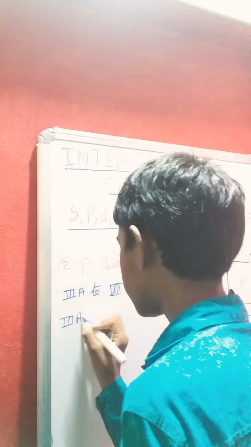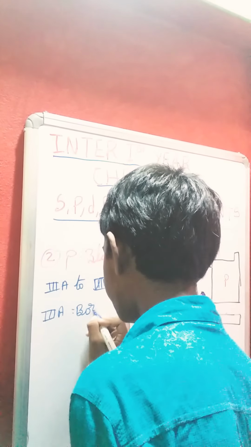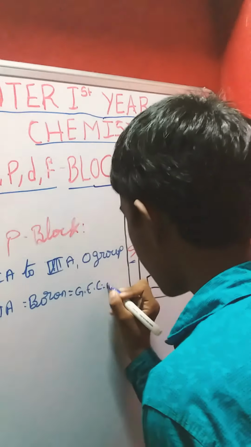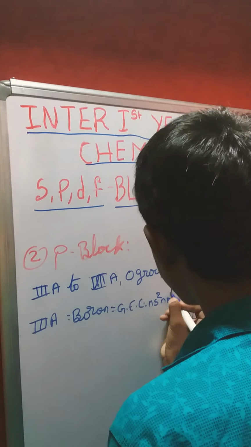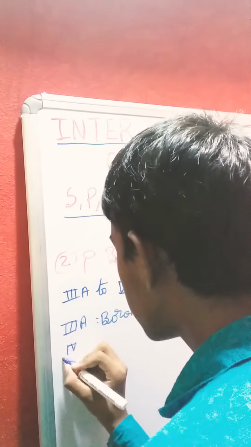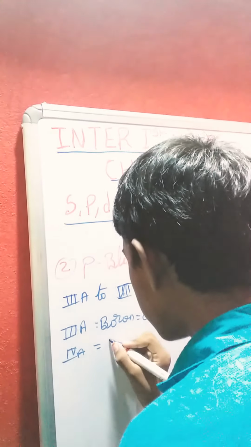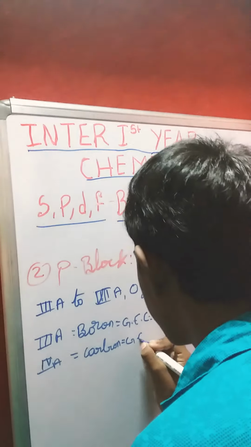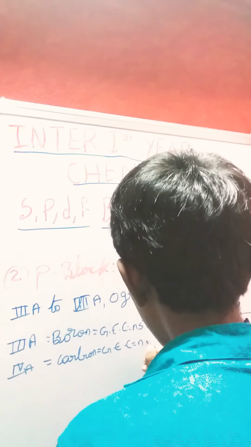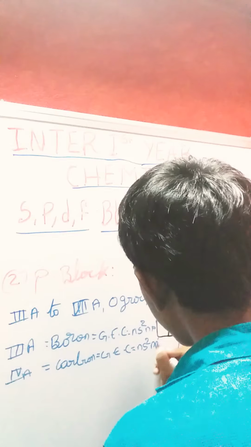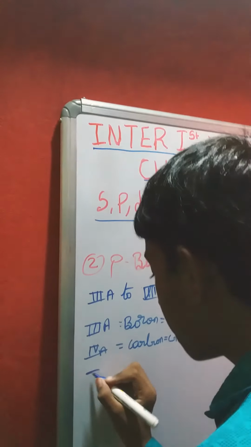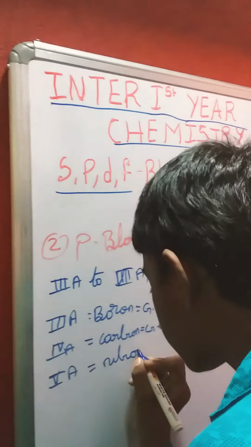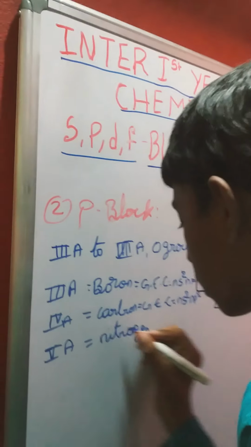3A group, boron family. General electronic configuration of the outer shell is ns2 np1. 4A group, carbon family. General electronic configuration is ns2 np2. 5A group, nitrogen family.